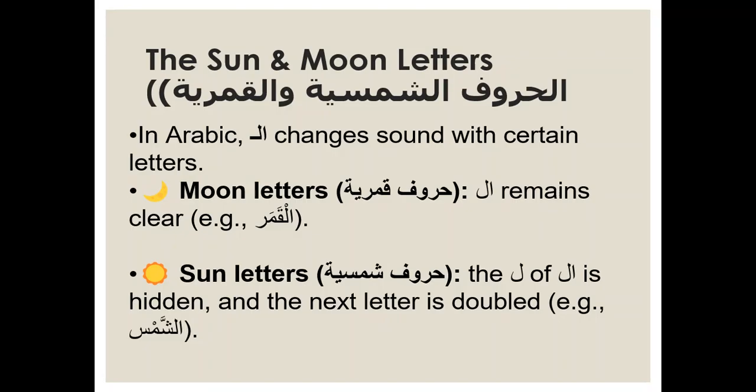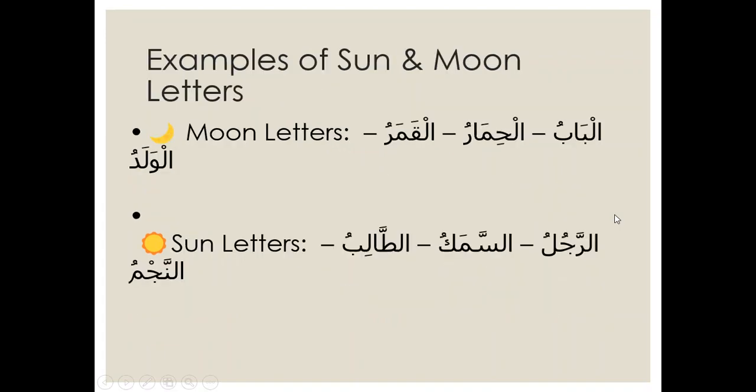Let's say tajirun. If you add alif and lam to it, you say at-tajiru. You can see we did not pronounce the lam, unlike the moon letters where we say al-kitab. You see the lam is not clear here. Just pronounce the alif and then we pronounce the letter with shadda.